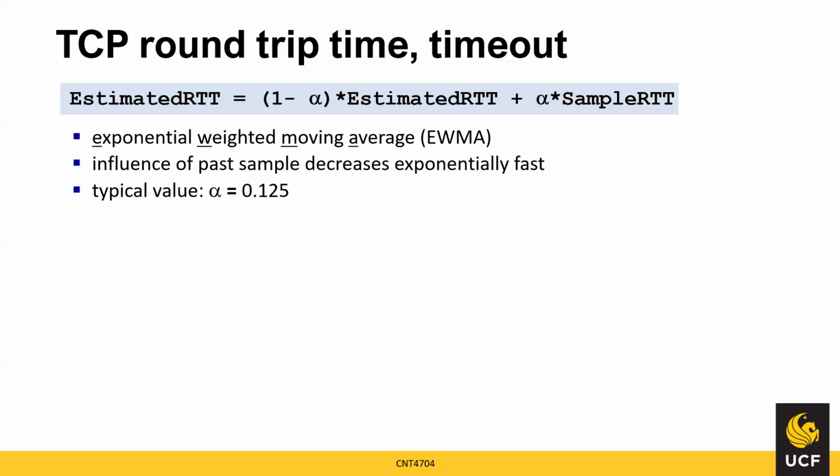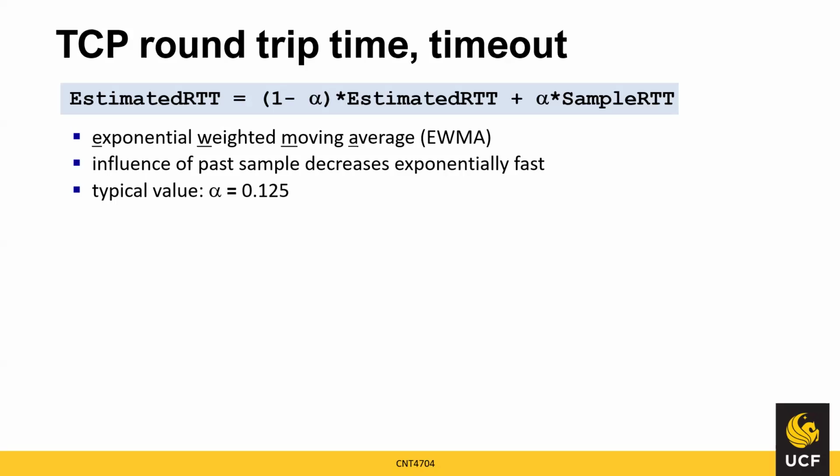I don't want you to really worry about the formula here. I just want you to understand how this happens. This shows how TCP recomputes the estimated round trip time every time it gets a sample. So we have the formula on top. This means the new estimate is a blend of the previous estimate and the most recent sample. The parameter alpha determines how much weight we give to the new measurement versus the past.